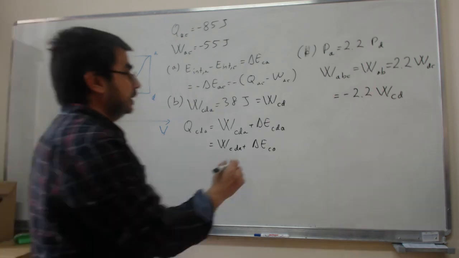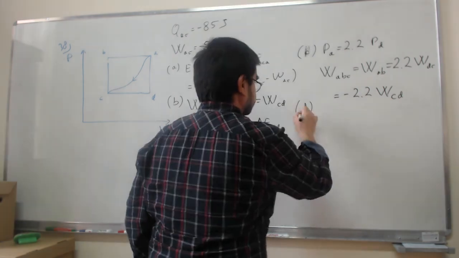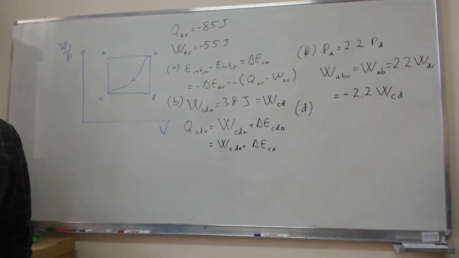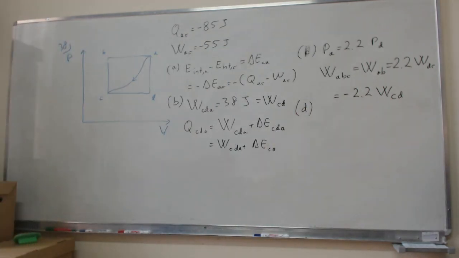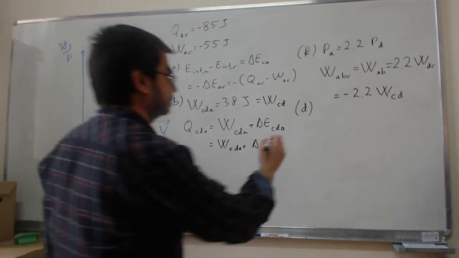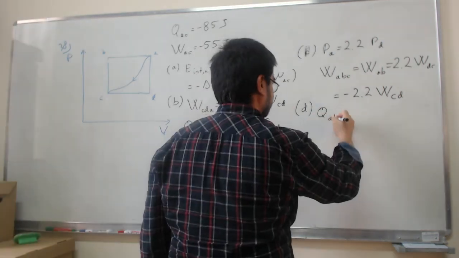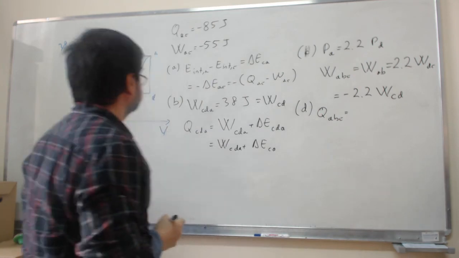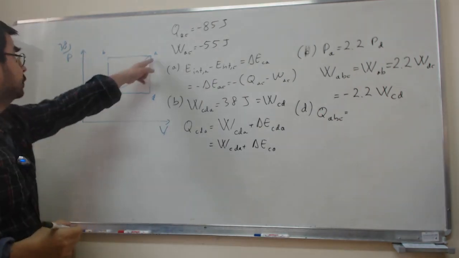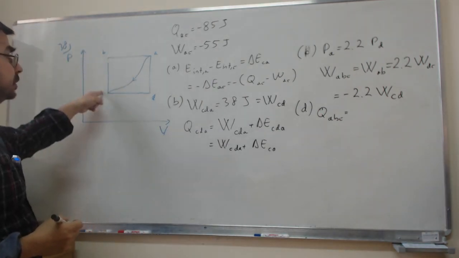Now for part D, what is Q for path ABC? Q for path ABC. So you go from here to here to here.